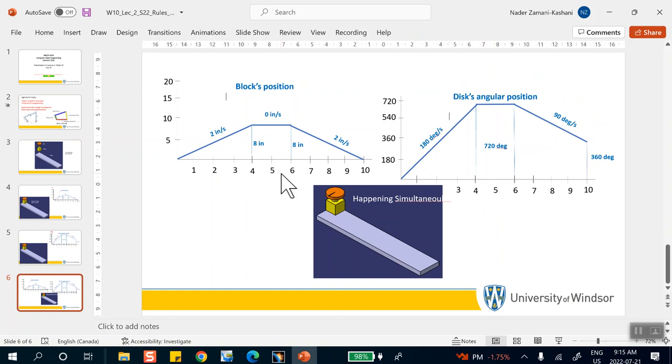Because they are the same, it is very easy for me to put both of these in the same rule. If these breakpoints were different, it's easier if you make two rules. One for the length, the other one for the angle. But if the breakpoints are the same, I can put them both in the same rule. It's easier. I could have done this problem with two rules, one for the length, the other one for the angle. But I didn't.